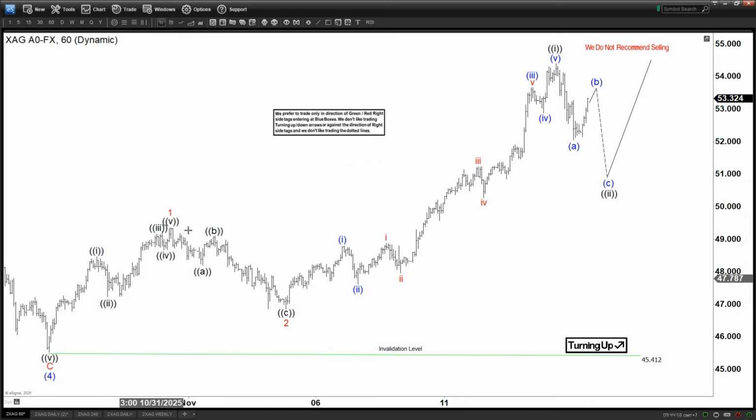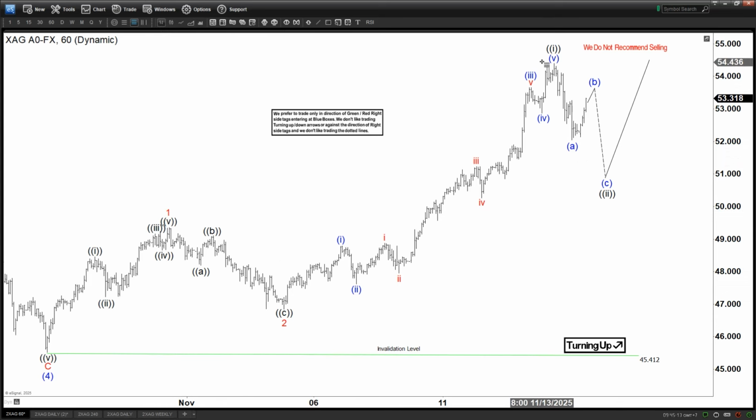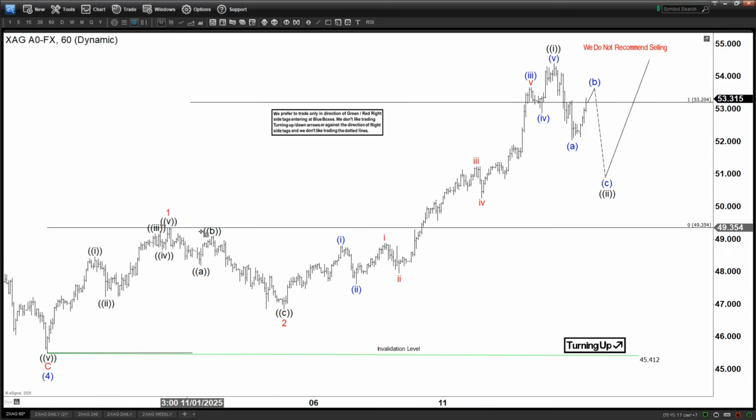Another option will be 1 2 3 4, right? Either way, whether this is 1 2 3 4 or 1 2 1 2, you're gonna see another leg up, because you can see right here, this is what we call an extended third leg, which is typical in an impulse, right?